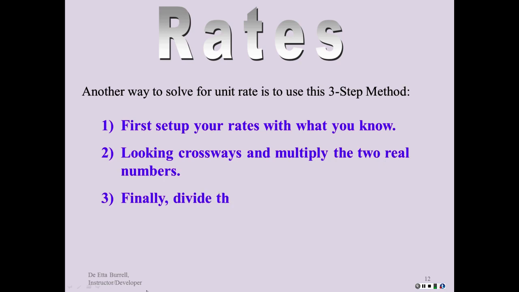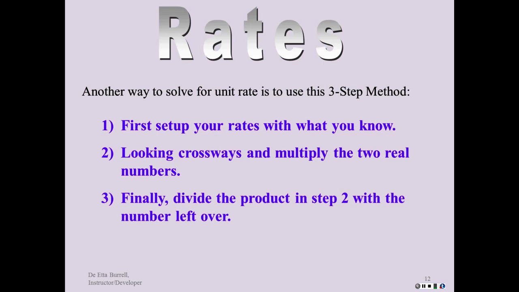Now, sometimes, you guys, when you're doing these word problems, it's not always real easy to figure out how to simplify or how to solve it. So, besides division, I want to give you another method you could use for your rates.